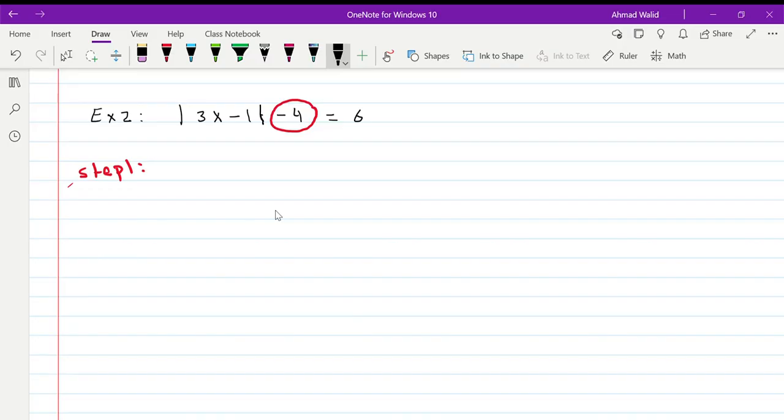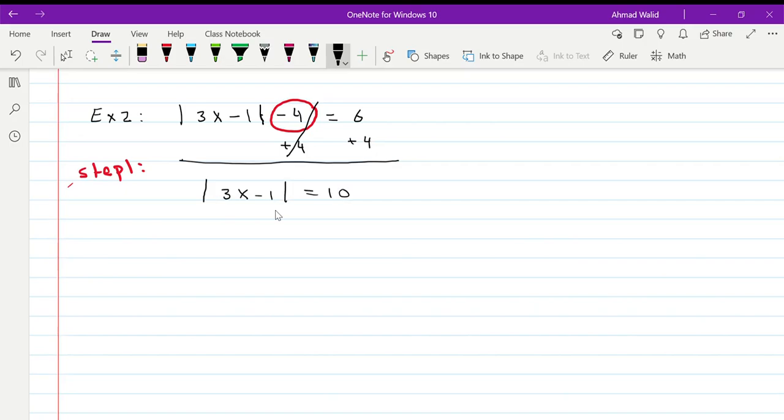Move the number that's outside of the absolute value to the right side of the equation before removing the absolute value sign. It means first add 4 to both sides. Correct? These two cancel out. Keep the absolute value sign. Absolute value of 3x minus 1 equals 10.